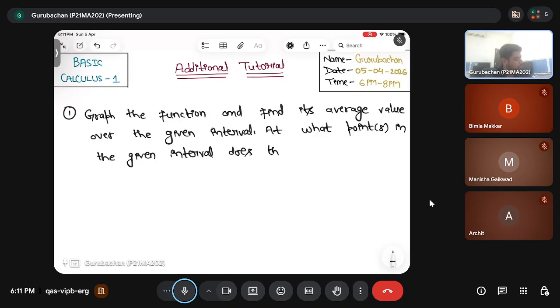Does the function assume its average value?